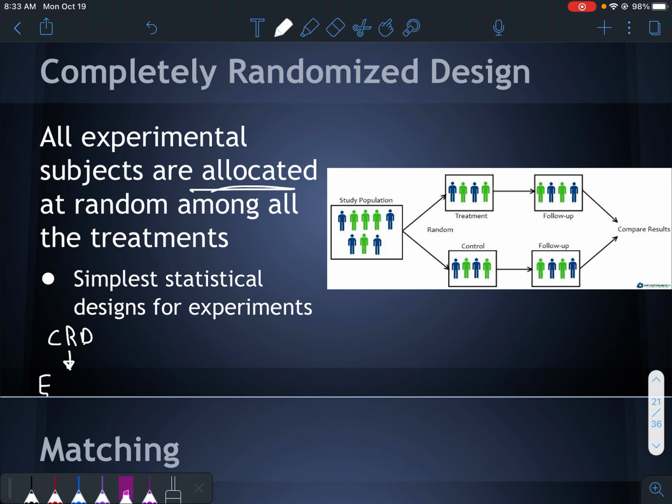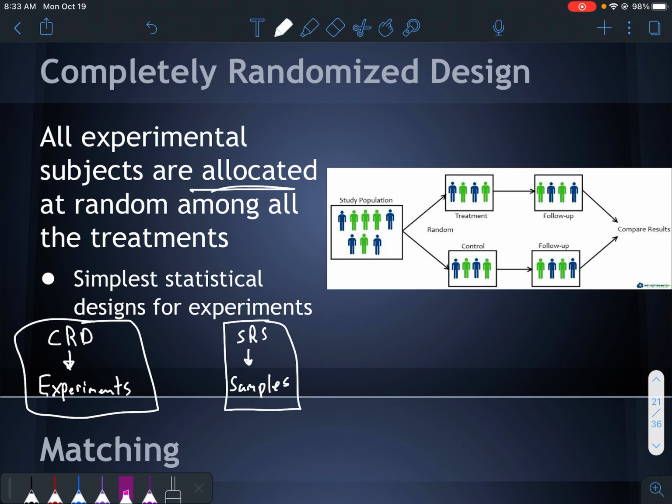Completely randomized design is to experiments as the SRS is to samples. So this is the most basic way of doing it. Simplest statistical design for experiments. So the completely randomized design is to experiments as the SRS is to samples and sample surveys.